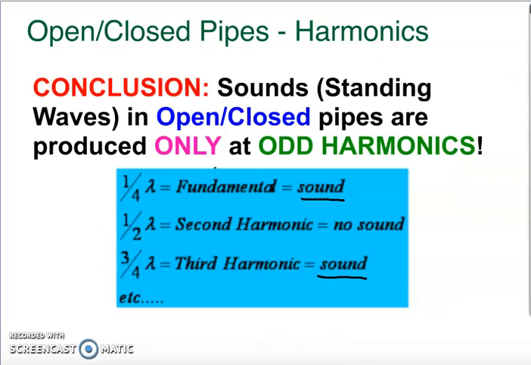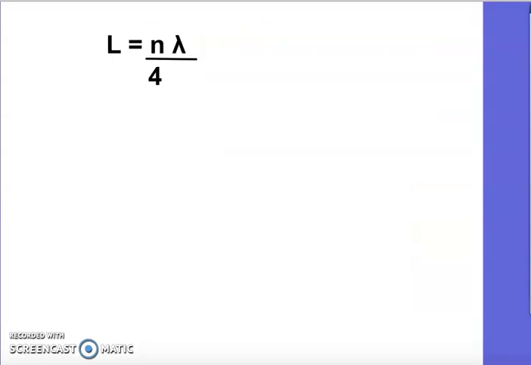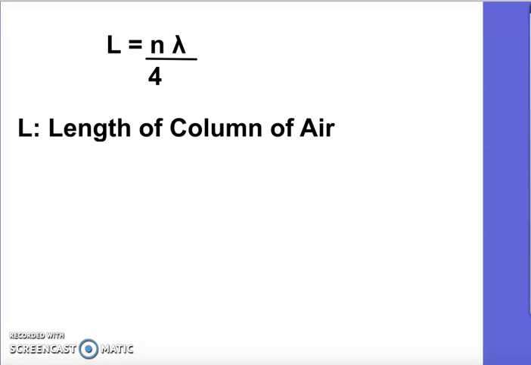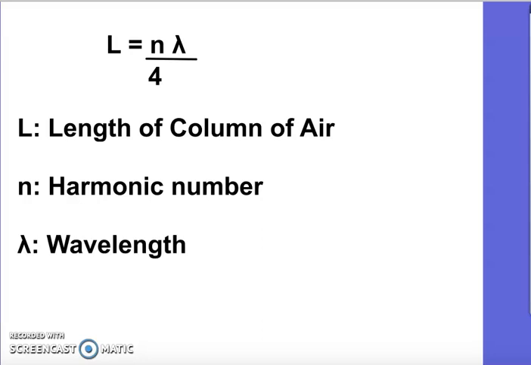And so the pattern that we can then deduce from seeing this is that open closed pipes only produce sounds at odd harmonics, meaning when we have 1/4 of a wave, 3/4 of a wave. And so that's where we're going to get our equation for relating the length of the tube, L, the length of our column of air, n for our harmonic number, and lambda for our wavelength.